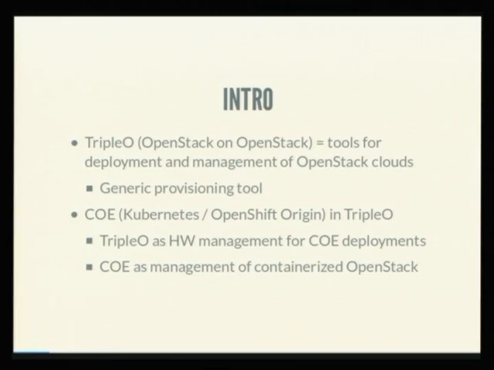If you have to prepare 100 machines like this, it's better to do it with some automated tool, and this is the part that TripleO can provide. So that's one of the ways this integration makes sense: to get bare metal management for installation of container orchestration engines or Ceph or things like this.